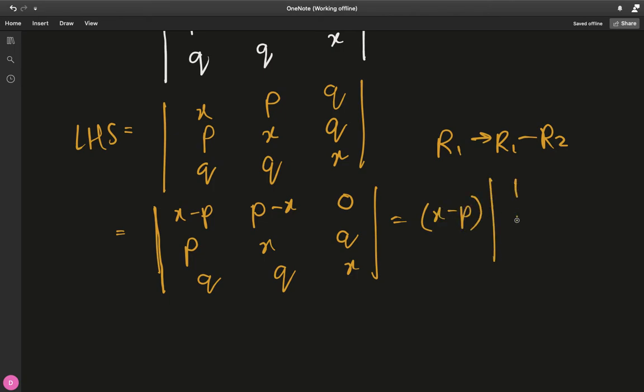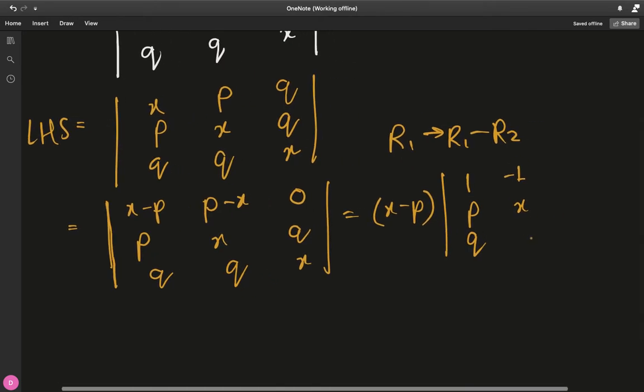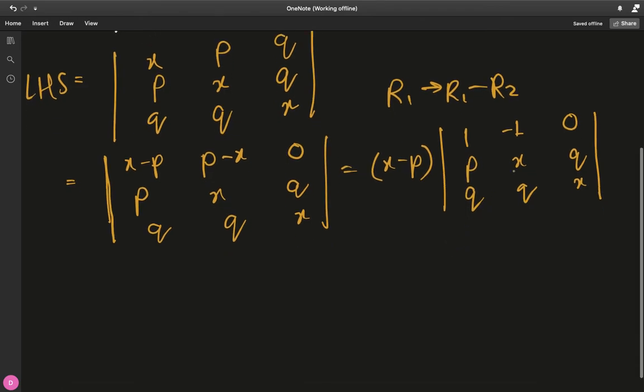So we get 1, negative 1, 0, p x q, q q x. And after doing that, noticing the 1 and negative 1, if we could add them, we could get a 0 over here. So change column 1 to column 1 plus column 2.